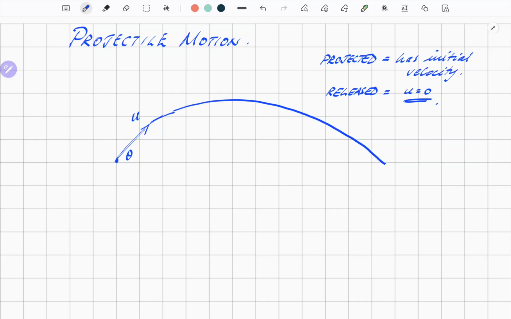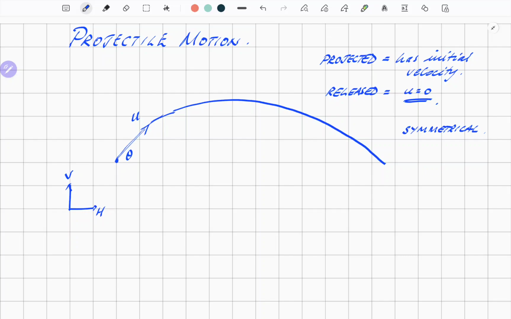And the rule, as I said earlier, is that this initial velocity is at an angle, and we tend to resolve this into vertical and horizontal components, okay?